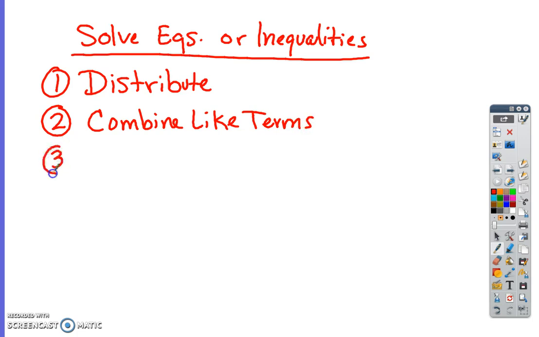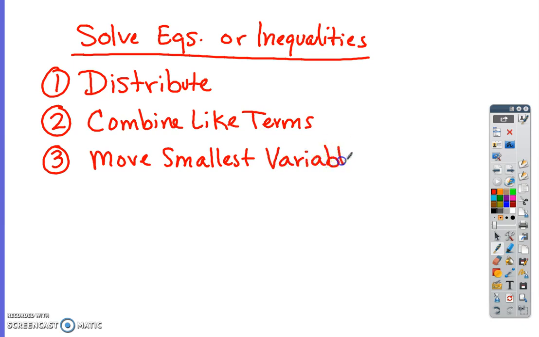Step number 3, if there's x's on both sides, or if the variable's on both sides, then you need to move the smallest variable. And step number 4, that's when you ask yourself what's happening to the x, and you do the opposite. So that's called inverse operations.